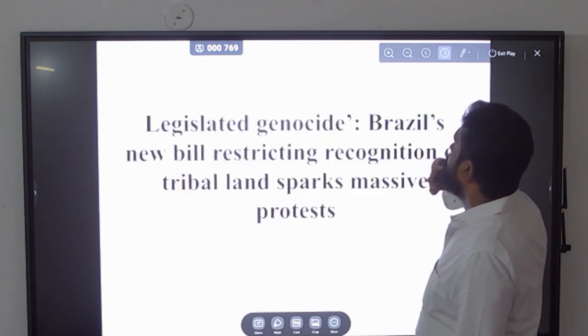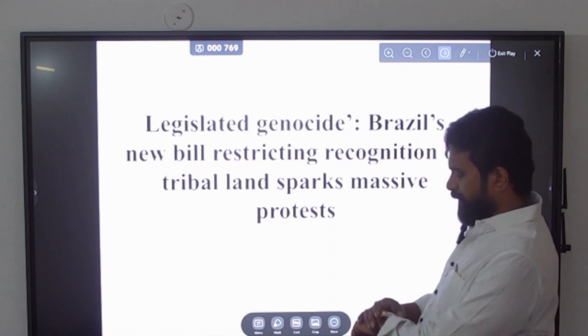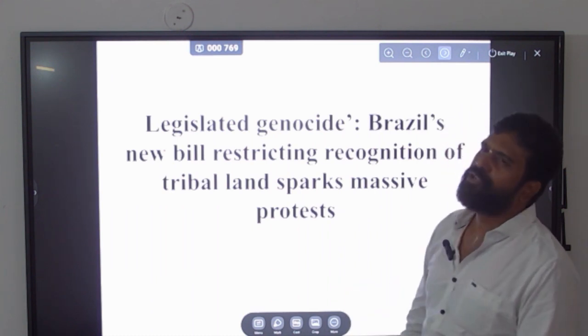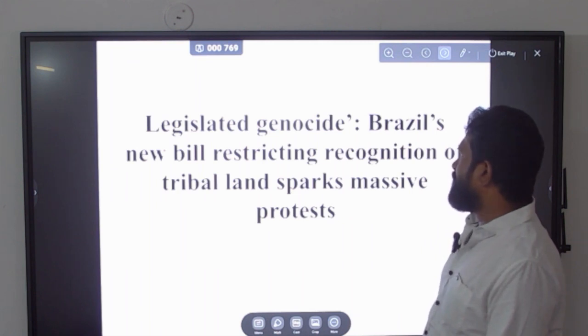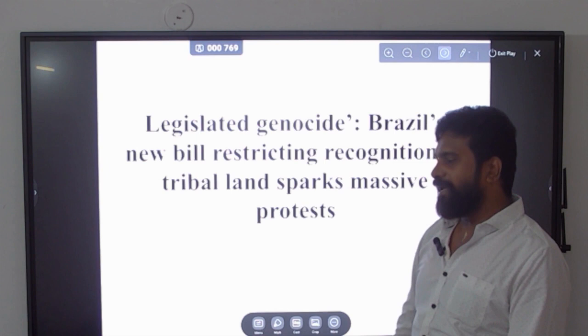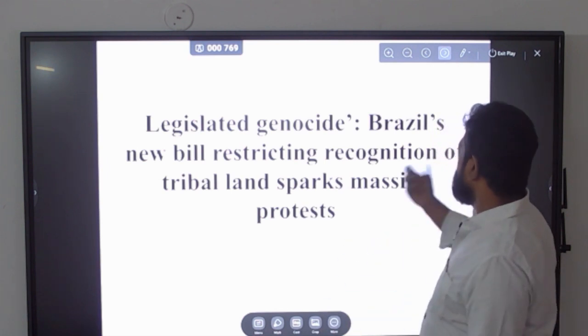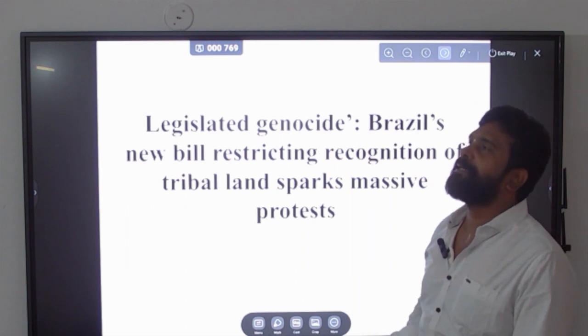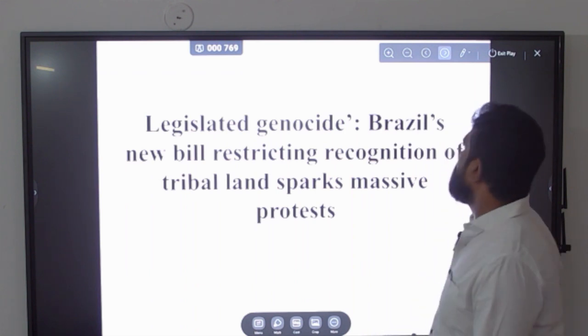Then the next is legislated genocide. Brazil has a new bill that triggered massive protests in the tribal lands and tribal areas of the country.